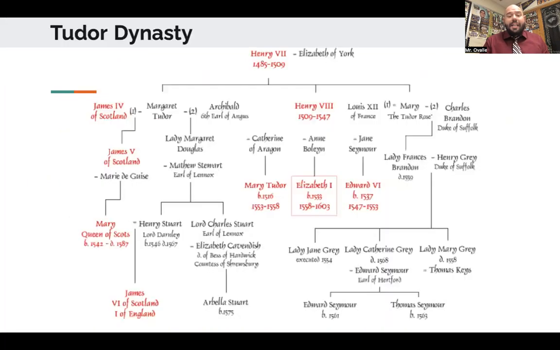He will actually lead from 1547 to 1553, as you see. Henry dies at, what is that, 38? Ooh, I'm 33. So Henry dies at 38, and his son lives for 16 years, and he rules for about 6 years.